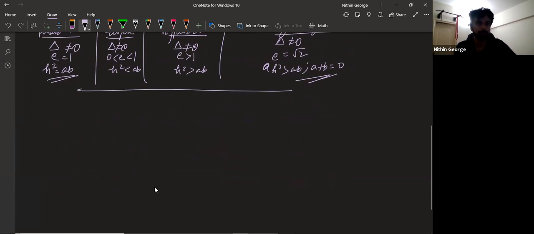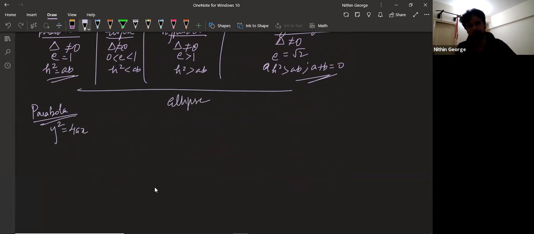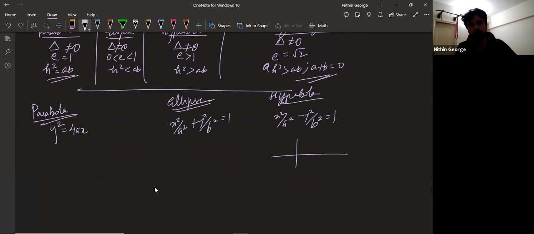Okay, so for parabola, we have y square equal to 4ax. We'll discuss ellipse and hyperbola also. Ellipse will be x square by a square plus y square by b square equal to 1. For hyperbola, x square by a square minus y square by b square equal to 1.